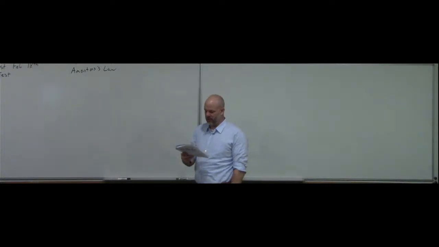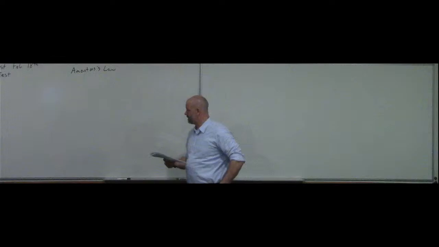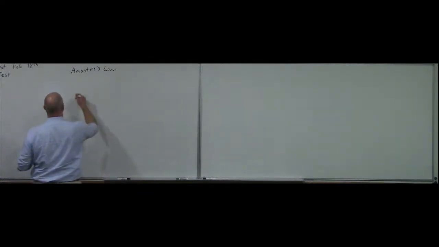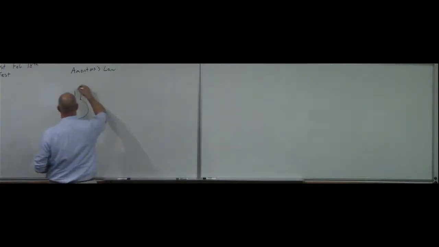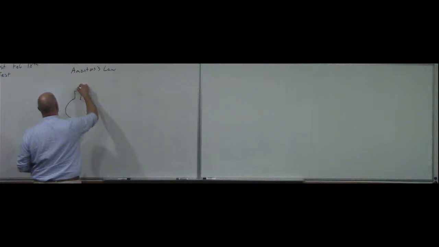Imagine filling a rigid container attached to a pressure gauge with gas and then sealing the container so that no gas may escape. So we've got some kind of container. We'll draw it like this. Rigid, in other words, it doesn't expand or contract with the pressure. And we're going to have some kind of a pressure gauge on it, okay?